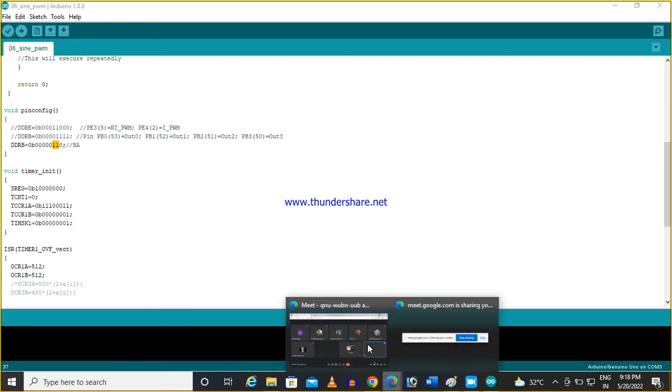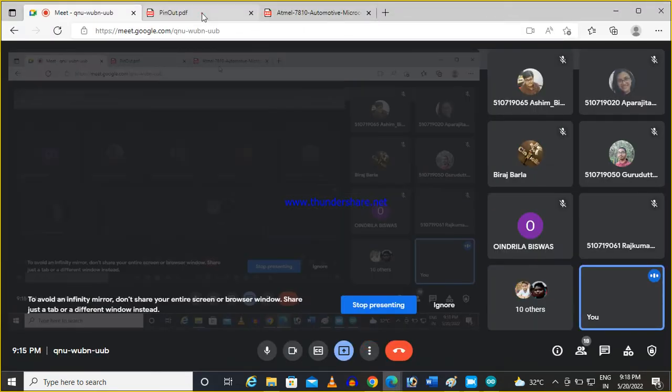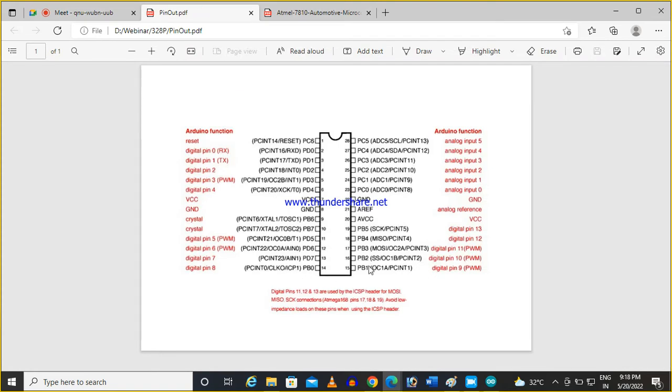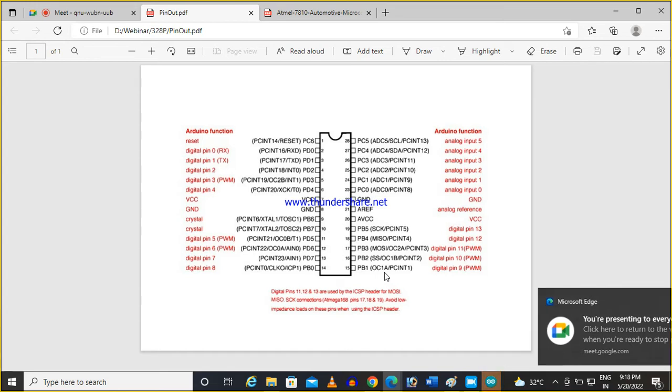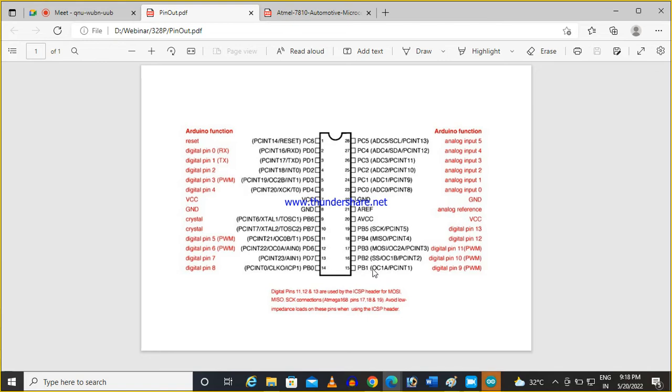PB1 has OC1A written, which means output compare register channel 1, and PB2 is similar. In output compare register 1, the 1 is the timer number, A is the first channel, and B is the second channel. So for the output compare register of timer 1, we are using both channels.